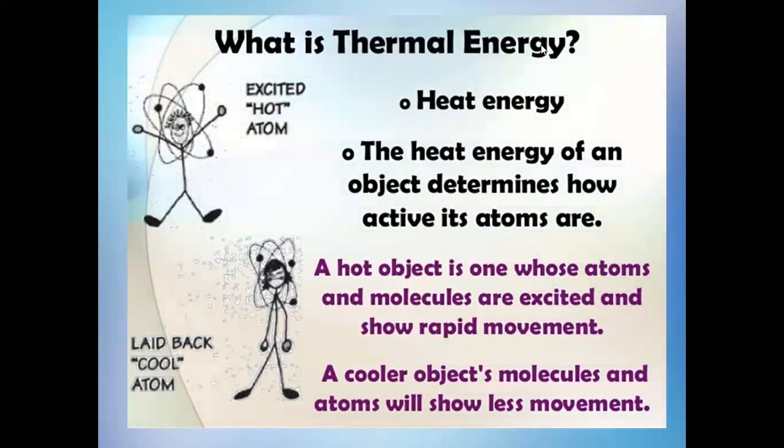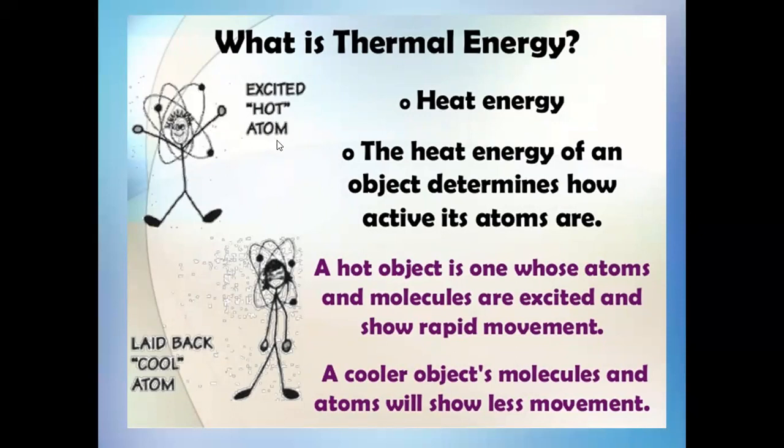What is thermal energy? Heat energy. The heat energy of an object determines how active its atoms are. A hot object is one whose atoms and molecules are excited and show rapid movement.